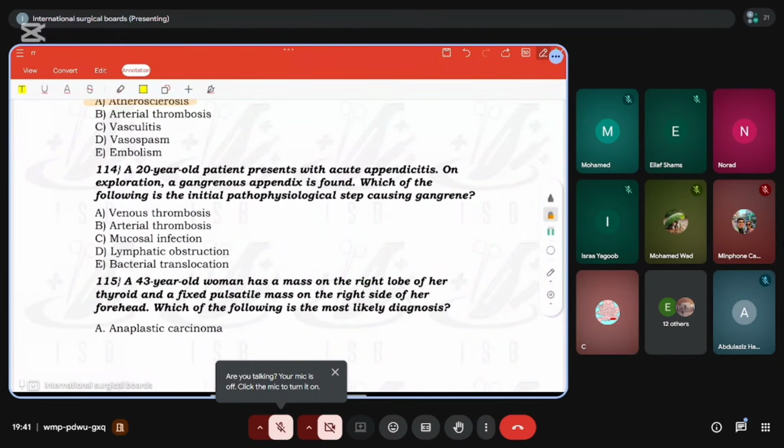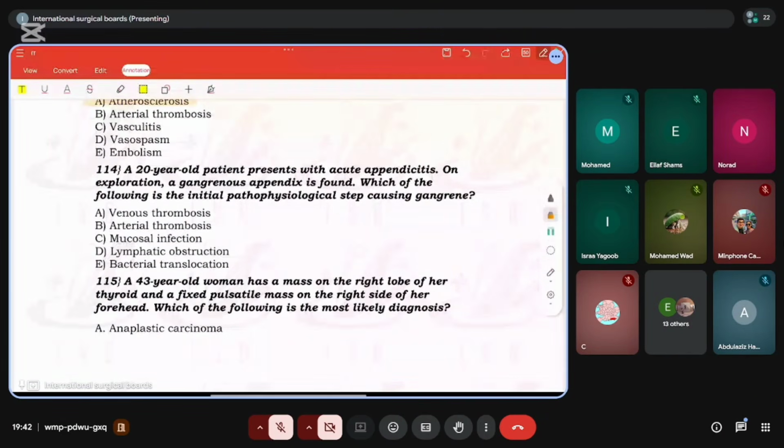So it just tells you about the steps in the progression of acute appendicitis up to the point where it becomes gangrenous. There are two varieties I've seen of this question in which they just tell you in general what is the cause, what is the initial step in the pathogenesis of acute appendicitis in general. Or like this question, what is the initial step which leads to the occurrence of gangrene, right?